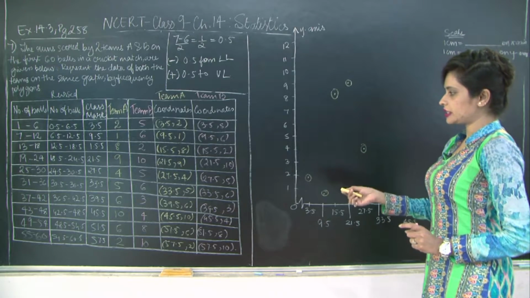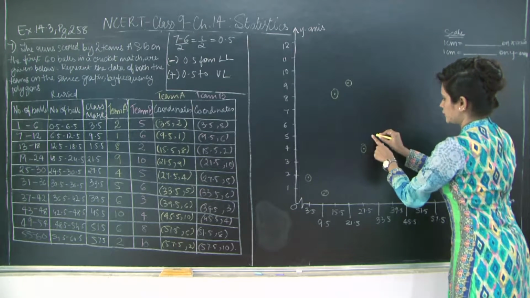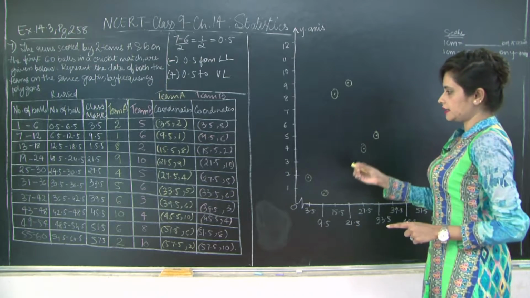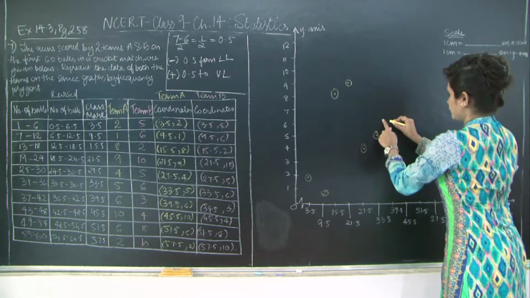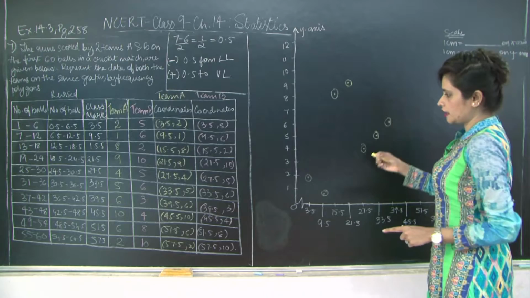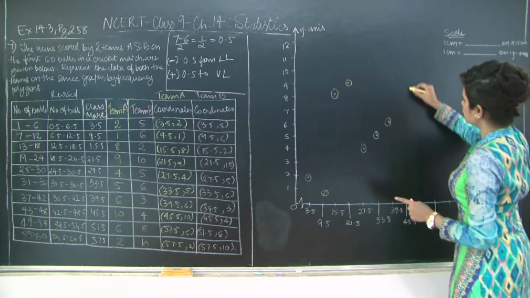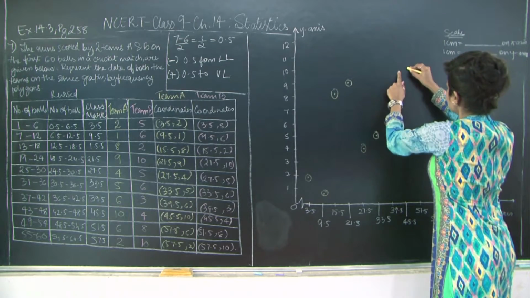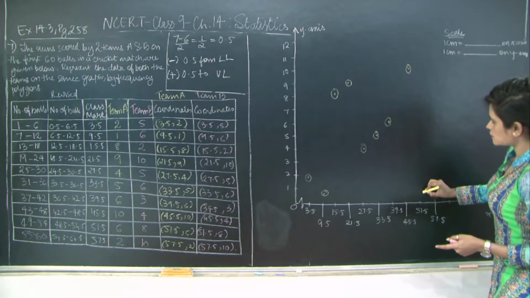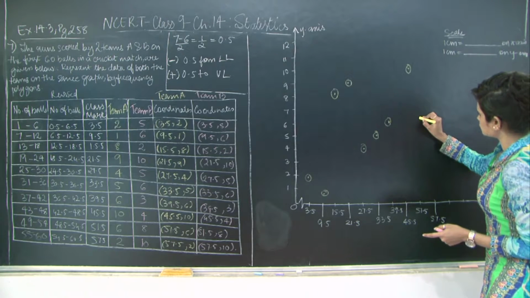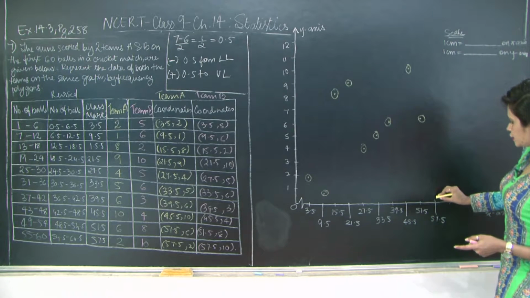Then there is 33.5 and 5. Then 39.5 and 6. Then 45.5 and 10. Then 51.5 and 6. And finally 57.5 and 2.